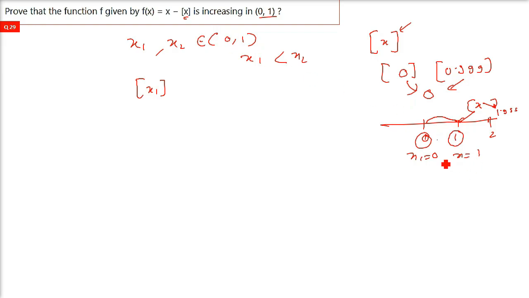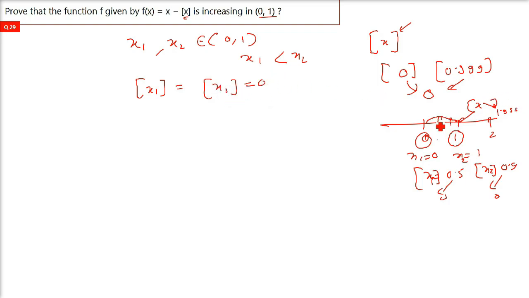I'm just saying that the greatest integer function is only helpful when you have a non-integral value. For an integral value, the greatest integer function will always return the same number. Greatest integer of 0 will be 0, greatest integer of 1 will be 1, but we are talking about anything which is between 0 and 1. So the greatest integer function of x1 will be the same as that of x2.